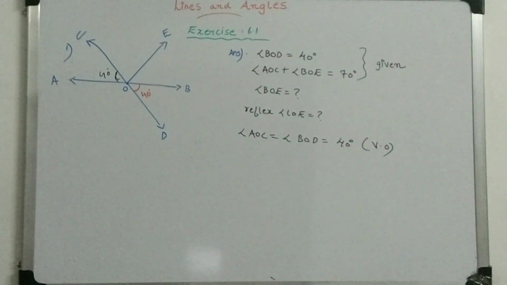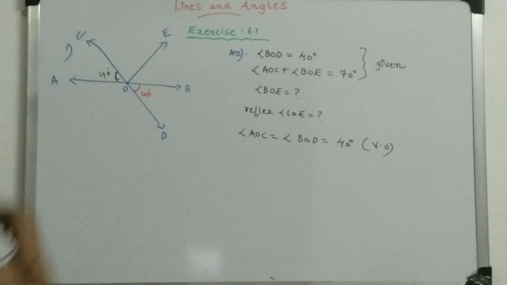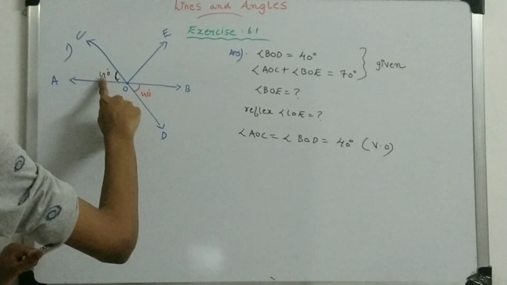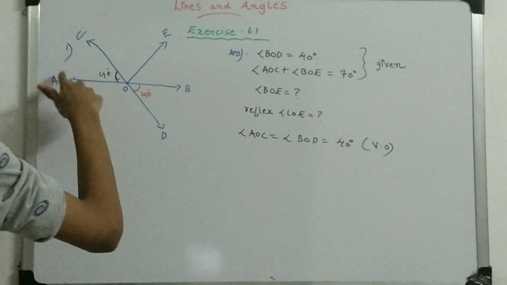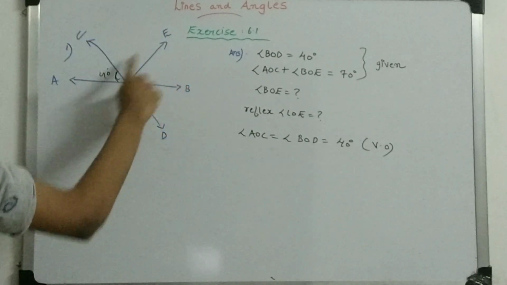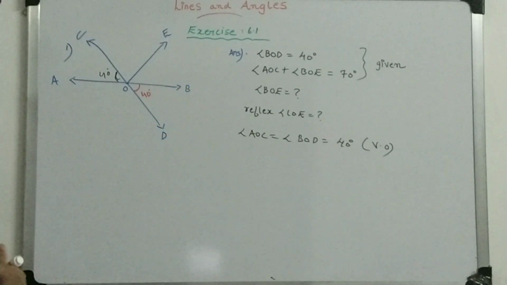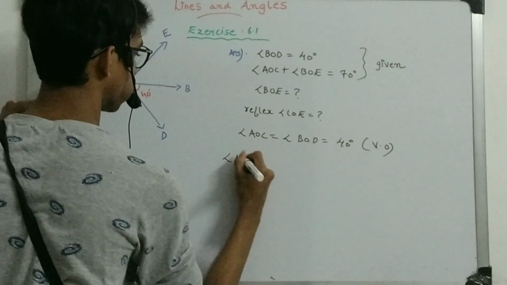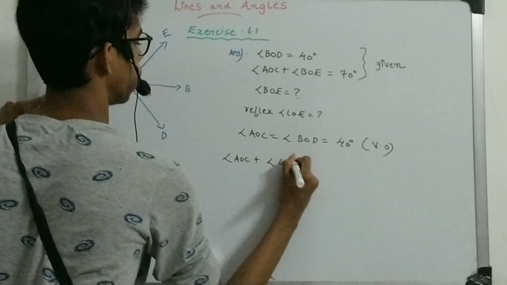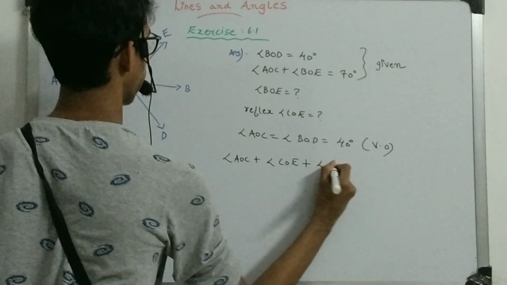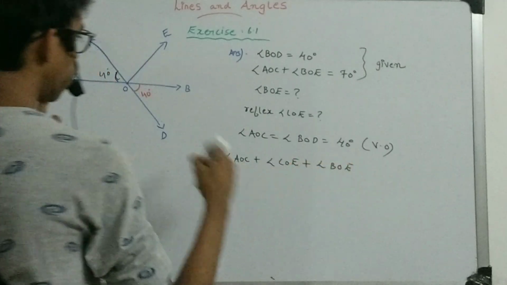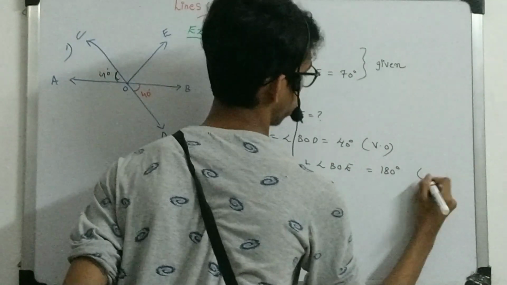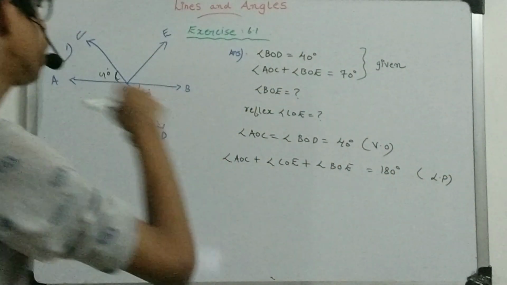Now we need to find what is BOE and COE, the reflex of COE. If you see over here, we know that if we add angle AOC, COE and BOE, they make a linear pair. So the total sum of angle AOC plus angle COE plus angle BOE will be 180 degrees, because they form a linear pair.